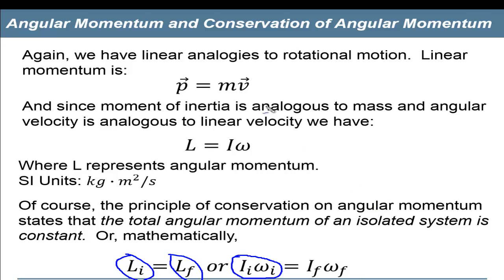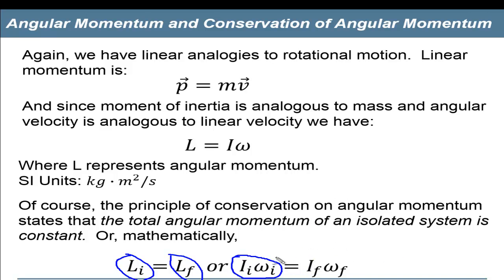The interesting thing about rotational angular momentum is that we can actually change both the rotational velocity, the angular velocity, but we can also change the moment of inertia pretty easily as well, because moment of inertia describes how the mass is distributed, right? So all we need to do is change the distribution of the mass to get a change in the moment of inertia. This is what a figure skater does when they bring their arms in.